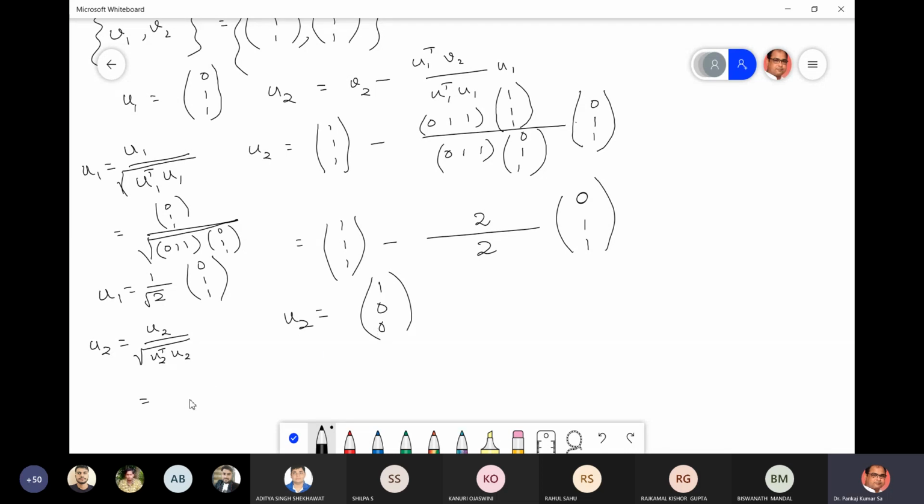So this becomes 1 and u2 remains the same. By seeing this itself, you can say that it is a unit vector 1, 0, 0 along the x-axis.